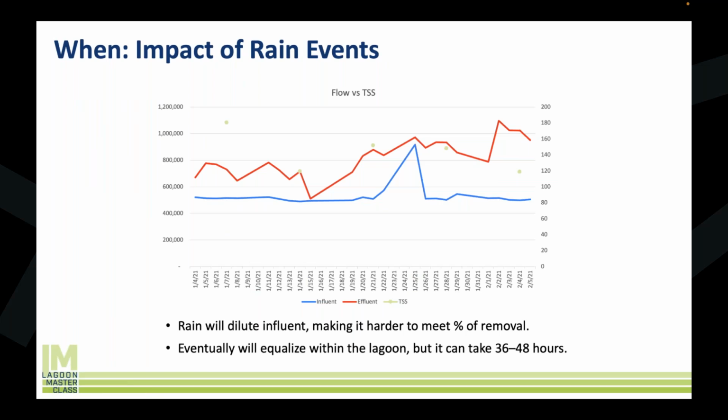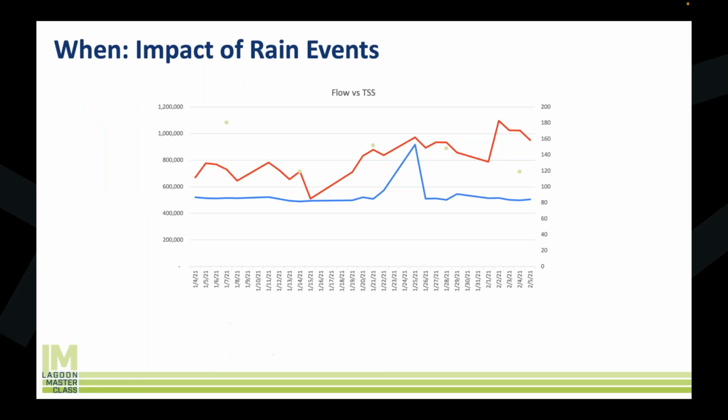And my point here is that if you get this spike in a rain event, this is not a particularly good time to pull a sample for a couple of reasons. One is you're either going to get a diluted sample, which you might say, oh, well, great, my milligrams per liter is going to go down. Oh yeah, it will go down.